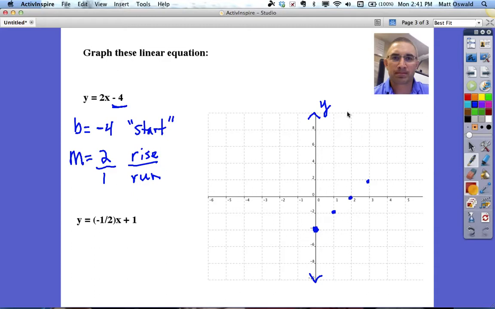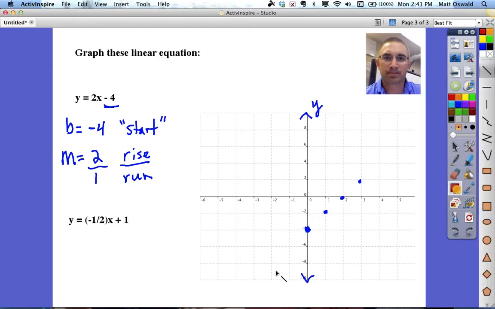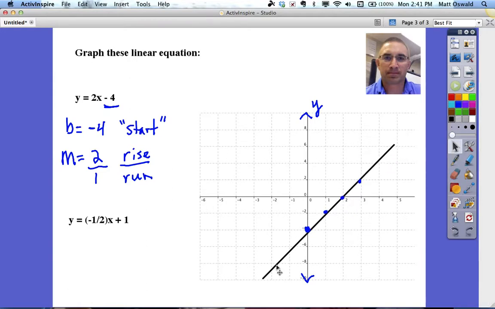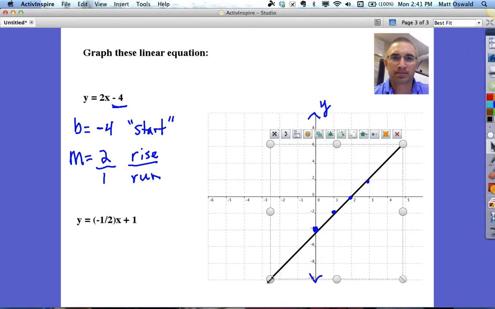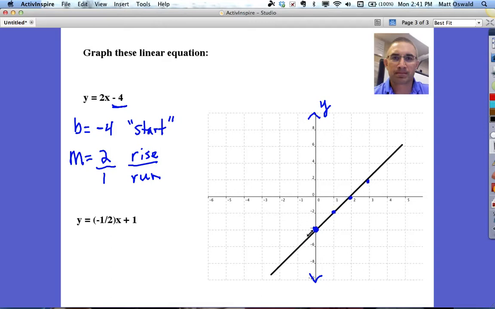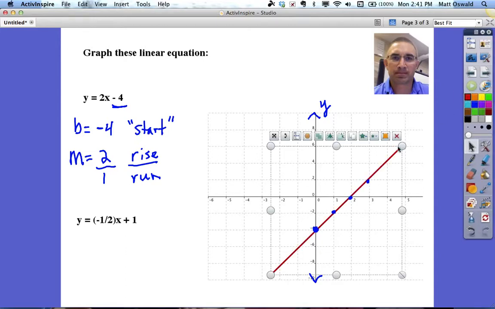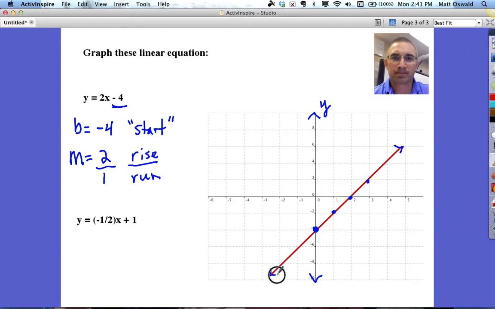And now I have at least 3 points to get the linear equation that I need. Going through all those points, we are set to go. Make sure you add on the arrows at the end, please.